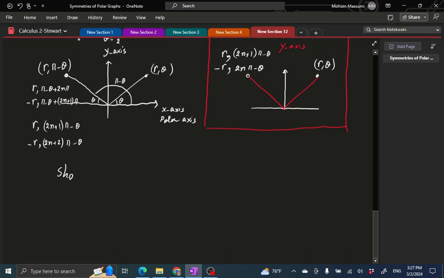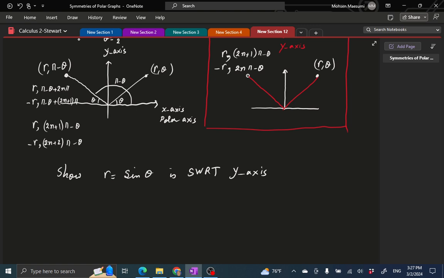Show r is equal to sine of theta is symmetric with respect to the y-axis.